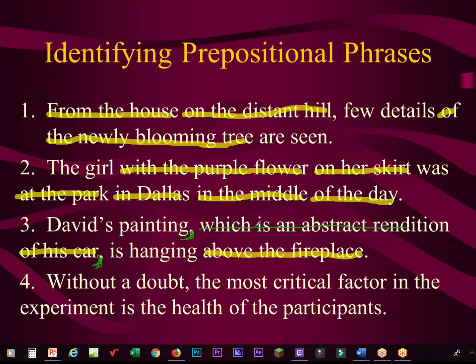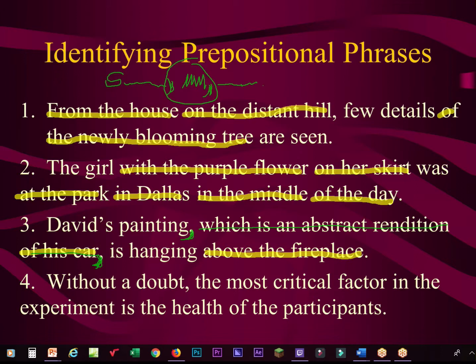This is just extra information, and we know that it's extra information because it has been set off by these two commas. So look up here. If you have a sentence going along like this, and you have a comma and then some stuff going on and a comma and then your sentence continues, I like to call all this stuff garbage. Those commas tell me it's not necessary, and therefore I can take it out. If you just don't read it, you won't make a mistake, because in this sentence you would have said, "David's painting is hanging." And that's all you need.